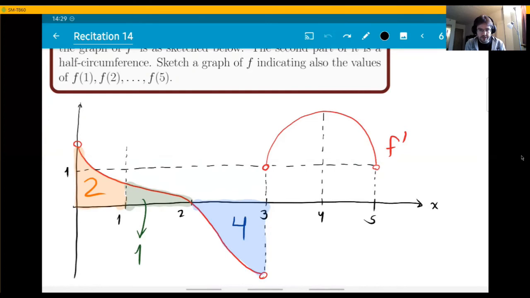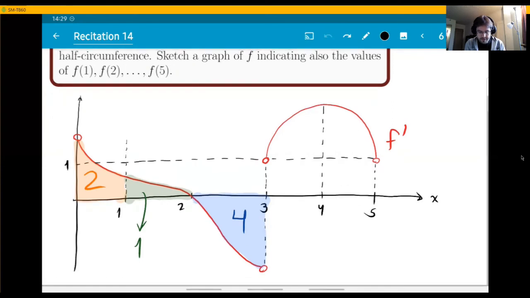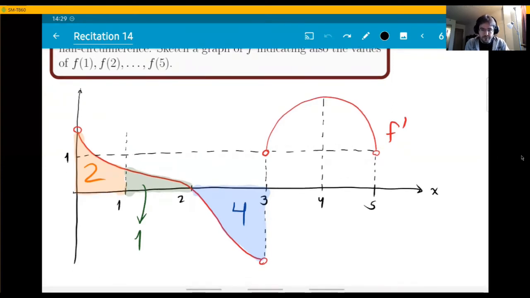We've seen problems like this before, where they give you the graph of f prime and ask you to sketch the graph of f. And we've also seen how f prime determines the shape of f, but the values of f could really be anything. Now they are asking for values for f, and the extra information that they're giving us is certain areas.